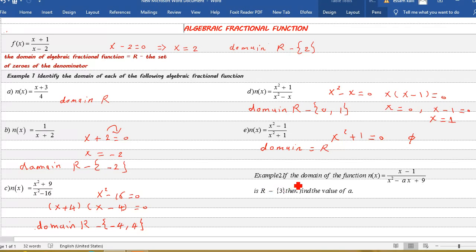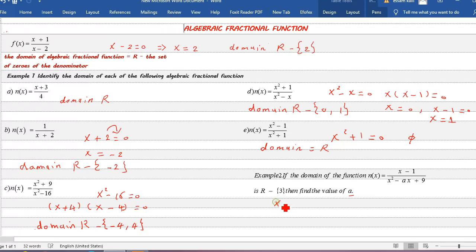Example 2. If the domain of the function n of x equal x minus 1 over x power 2 minus ax plus 9 is R different the set of 3, then find the value of a. Take the denominator equal 0.